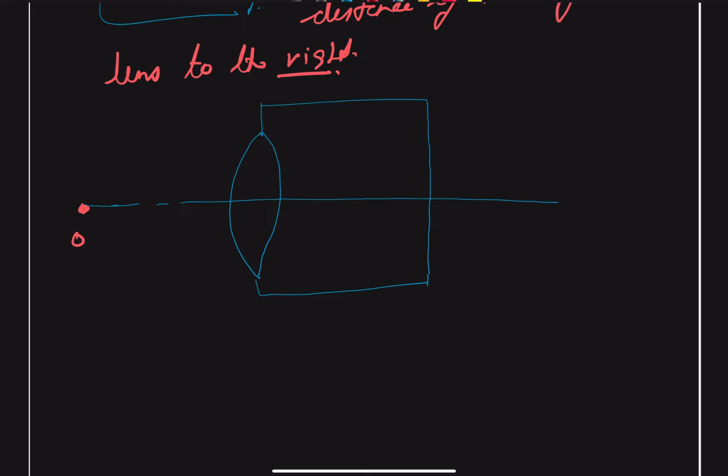This is our object. Therefore the ray of light will be coming something like this, and it will be bent.